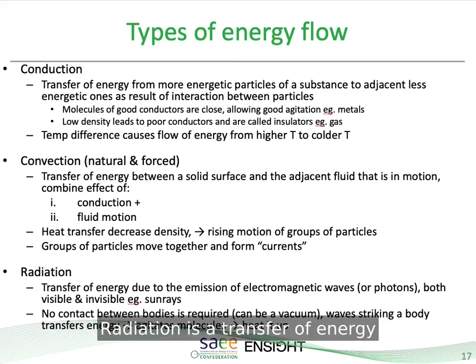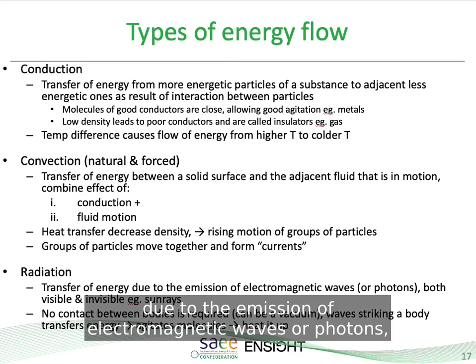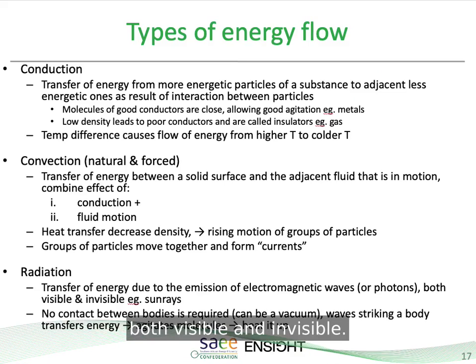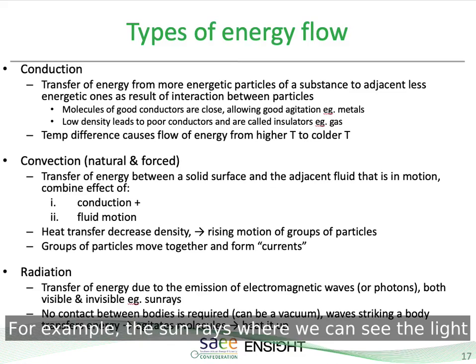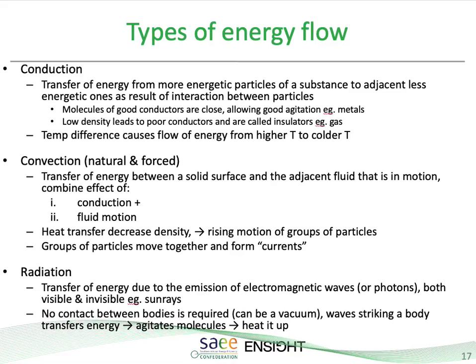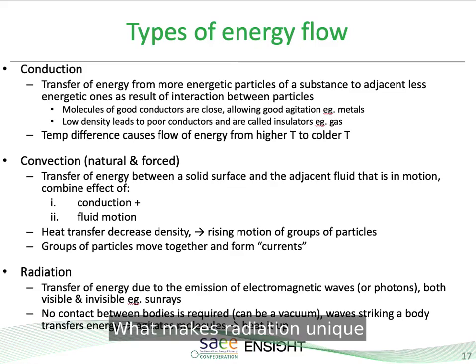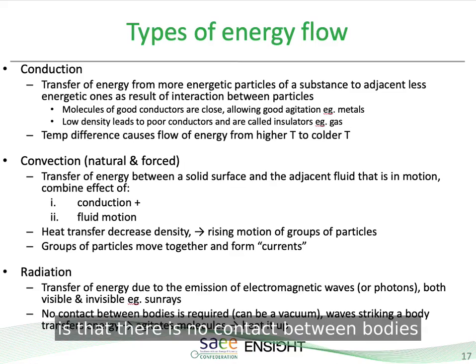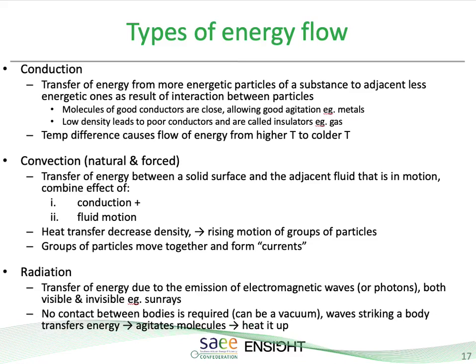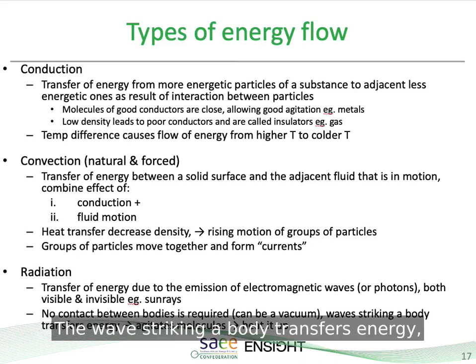Radiation is a transfer of energy due to the emission of electromagnetic waves or photons, both visible and invisible. For example, the sun rays, where we can see the light and we can feel the heat. What makes radiation unique is that there is no contact between bodies, and this can be achieved in a vacuum as well. The wave striking a body transfers energy, agitates molecules, and in turn heats up.